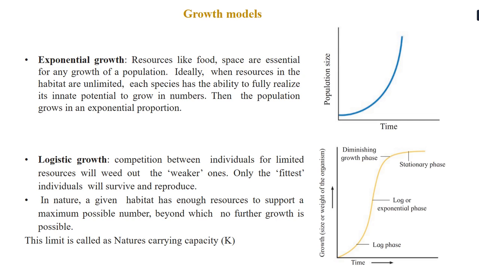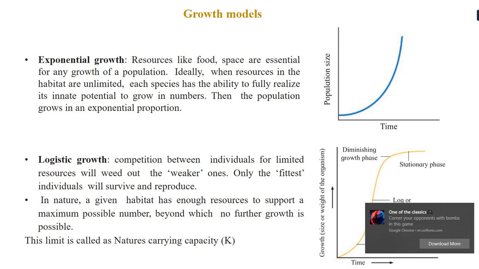Beyond that limit, no further growth is possible. And this limit can be taken as the nature's carrying capacity: the capacity of the nature to carry the individuals and provide them with the resources that they need.